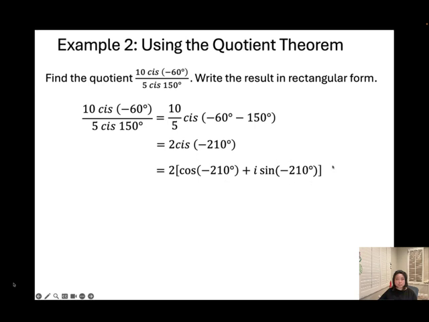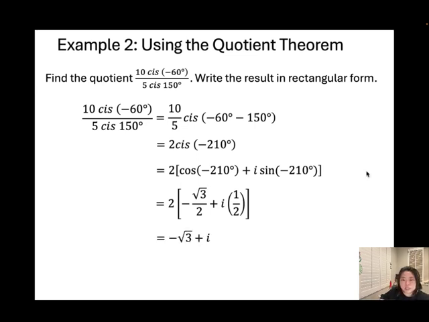Sine 30 will be equal to 1/2. So simplify it: negative root 3 over 2 plus i over 2. Distribute the 2, and you're going to get negative root 3 plus i.